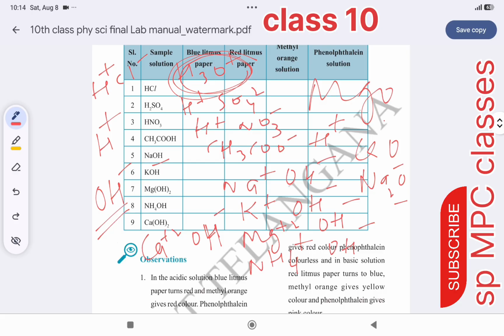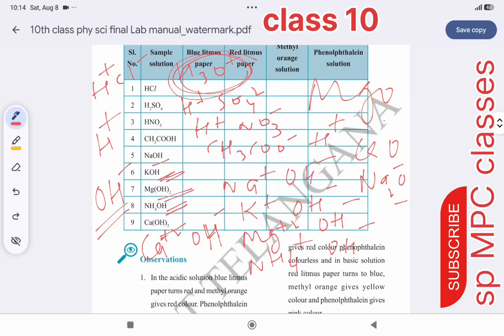NaOH, sodium hydroxide, which is also known as caustic soda. The sixth one, KOH, which is known as caustic potash, potassium hydroxide. The seventh one, milk of magnesia, magnesium hydroxide, Mg(OH)2. The eighth one, glass cleaner, ammonium hydroxide, NH4OH.